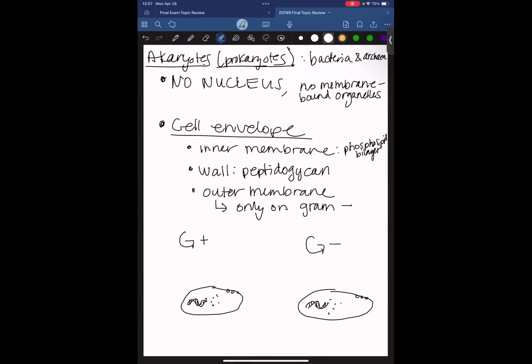Then we have the gram-positives, which have a thick cell wall, whereas our gram-negatives have a thin cell wall. But our gram-negatives also have the outer membrane.